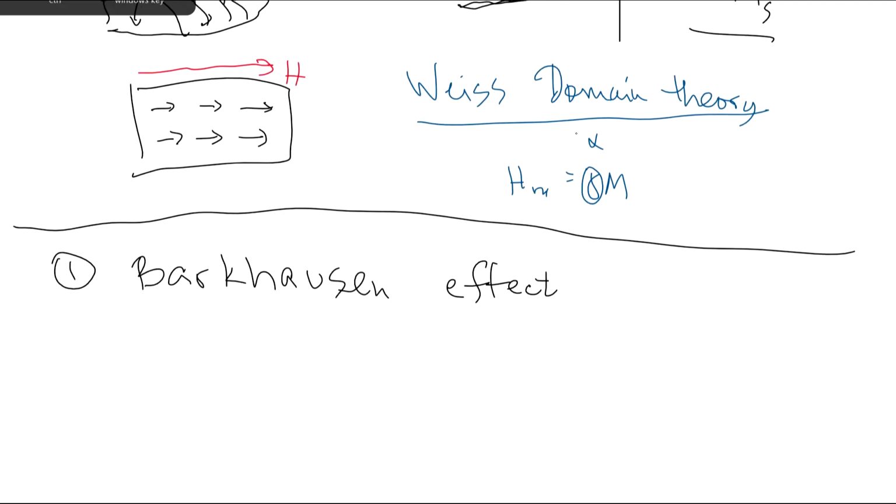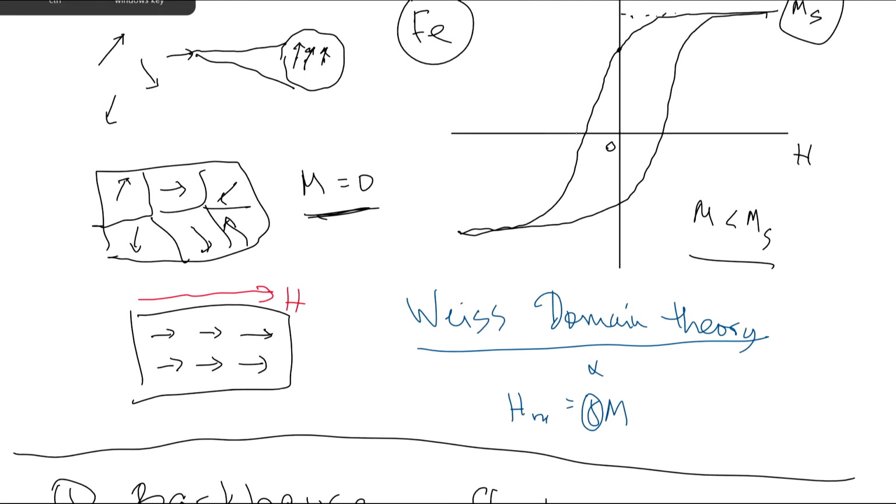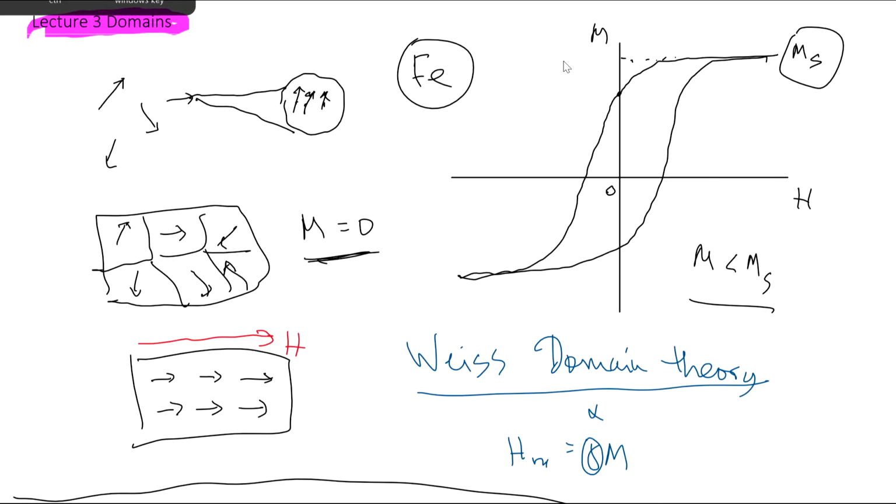Now, if we look at the hysteresis curve right here, you'll see that the magnetization grows. If you start magnetizing the material from a completely demagnetized state, then it would go something like that. It will initially magnetize there. Now, how does it magnetize? What is the magnetization process?